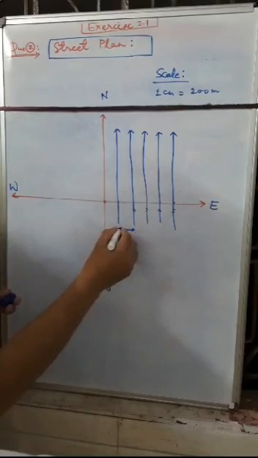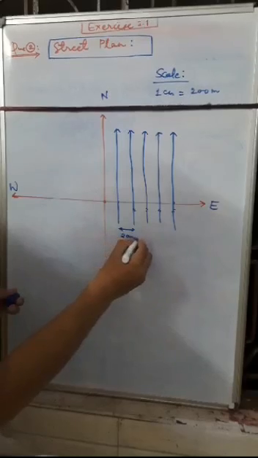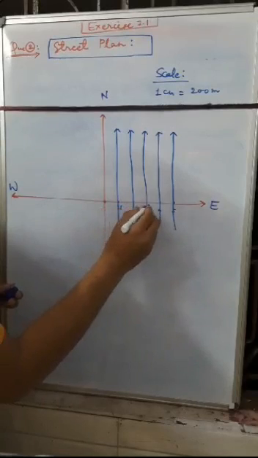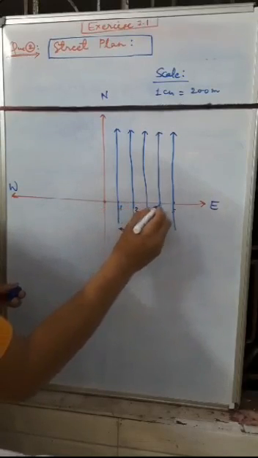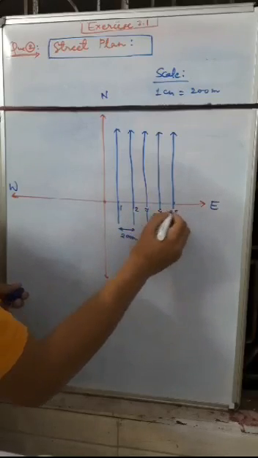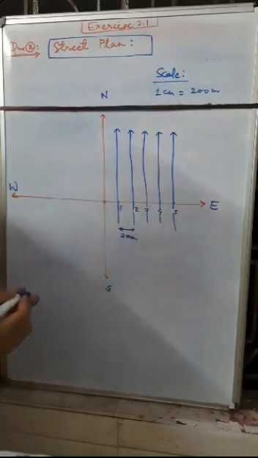The distance between 2 consecutive roads is 200 meter. We have written street number 1, street number 2, street number 3, street number 4, street number 5.